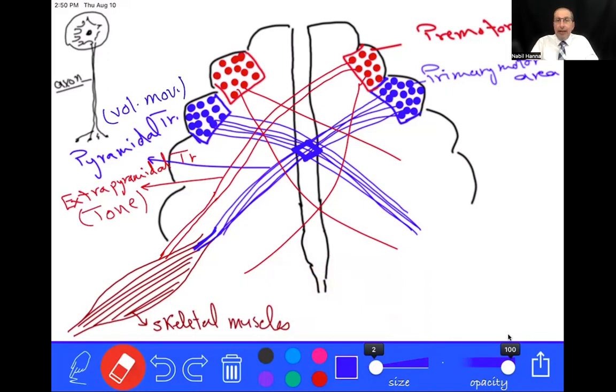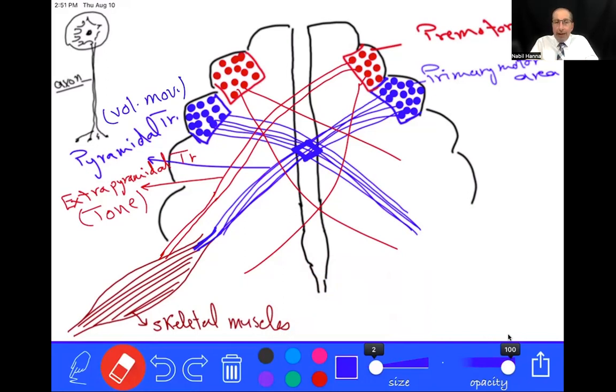Okay. Now, what controls the primary motor area? Nothing. It is controlled voluntarily. So the decision starts here and nothing controls the primary motor area.